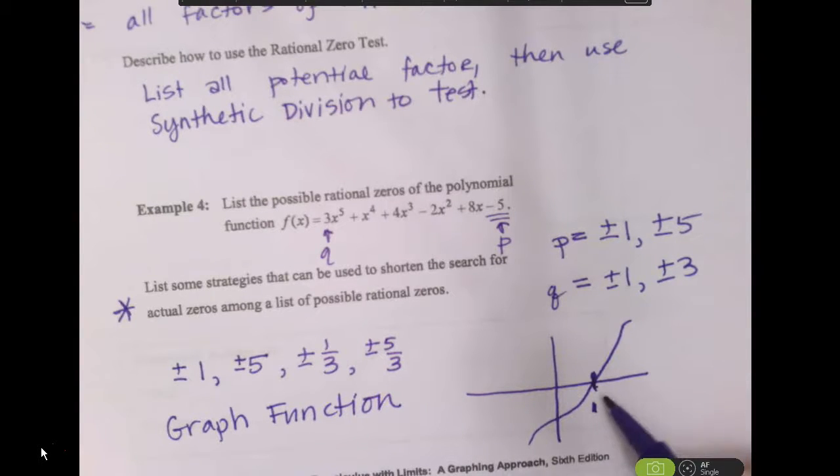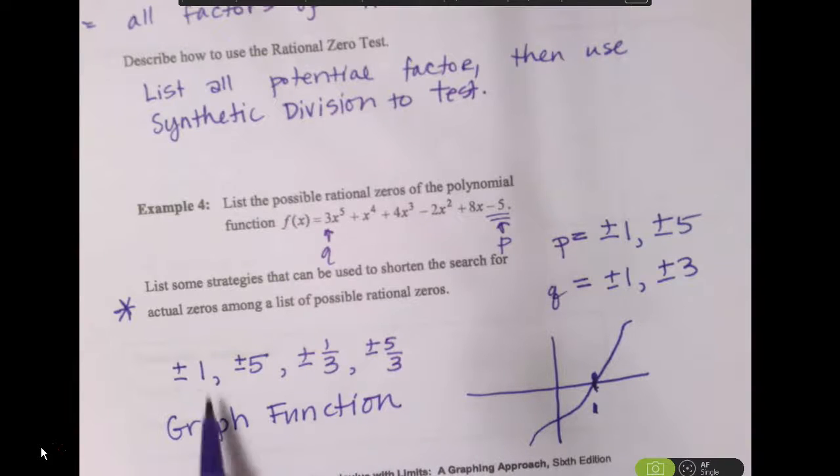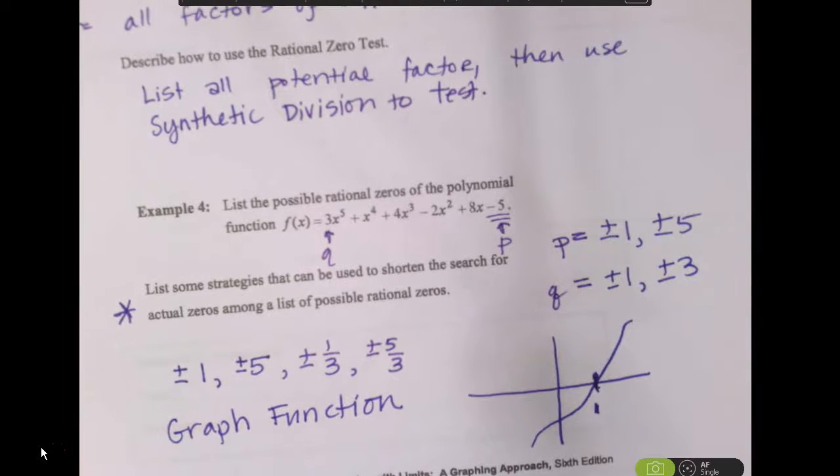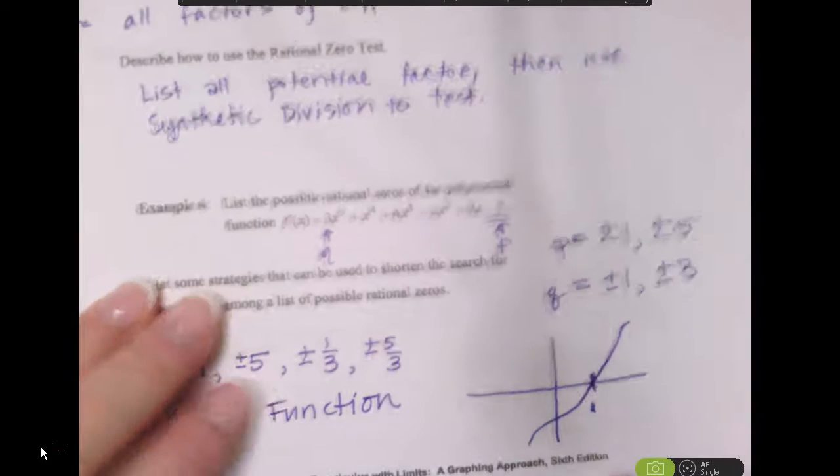Now, if you're on a non-calculator portion of the test, or if you're out driving around in your car and you just don't want to calculate and drive, then you might have to just choose some values at random and synthetically divide them and see. But otherwise, if we have our calculator, we want to use that as a tool. So this problem doesn't actually say I have to solve it out. So let's see what's next.